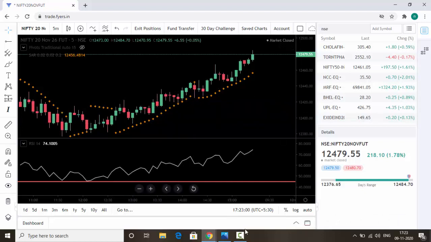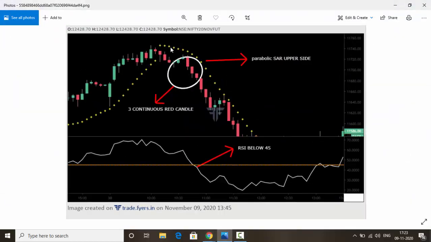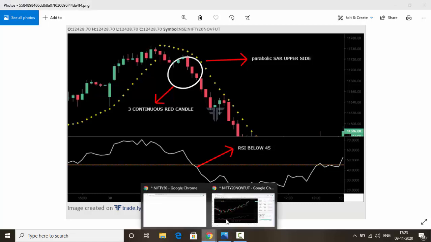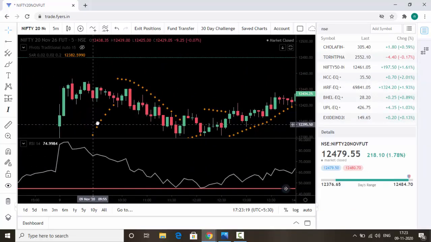We can go for the sell condition. For the sell condition, it's just the opposite of buy: after Parabolic SAR upper side formation, three continuous red candles. At the same time RSI should be below 45. Let's see, is there any combination?